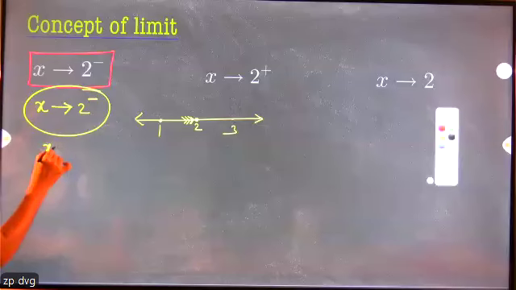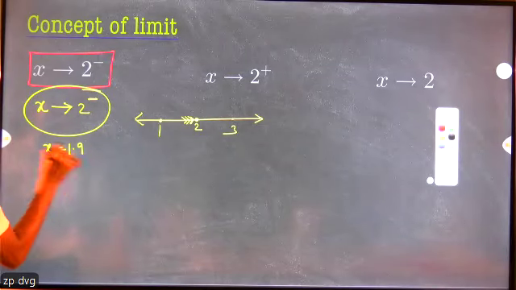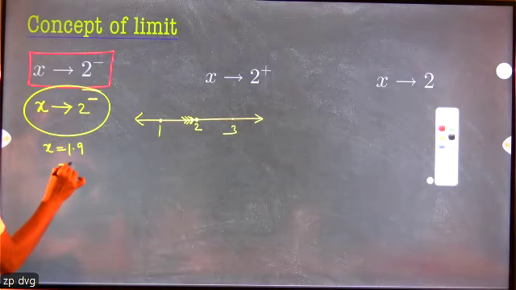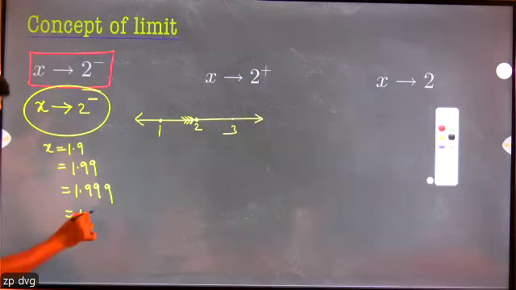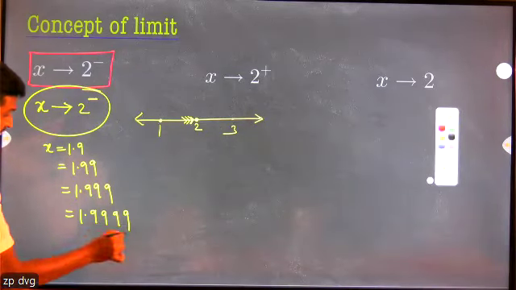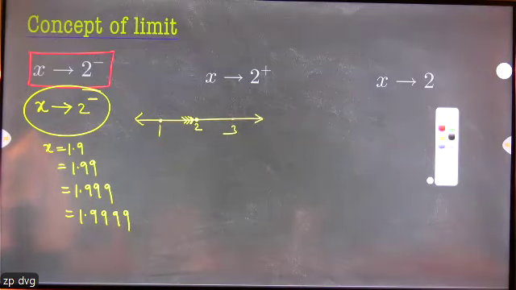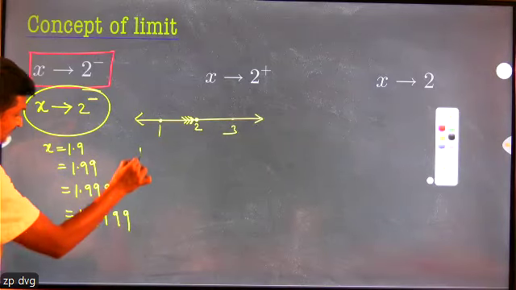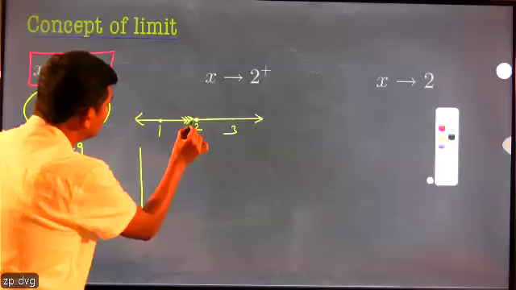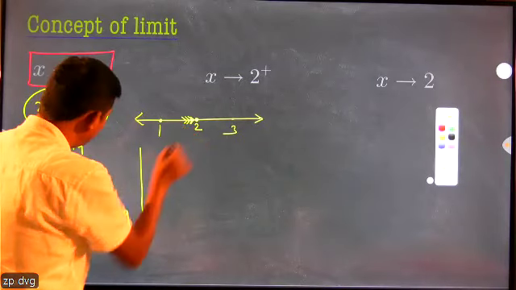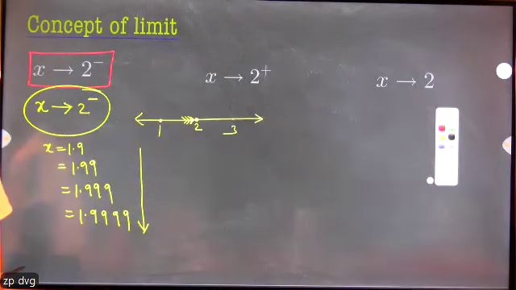That means we can take x values like 1.9, 1.99, 1.999, 1.9999. What did you identify? All these values are less than 2, very near to 2, but not 2.